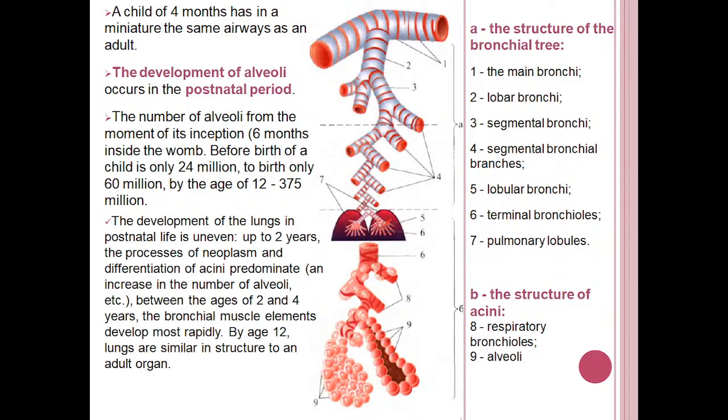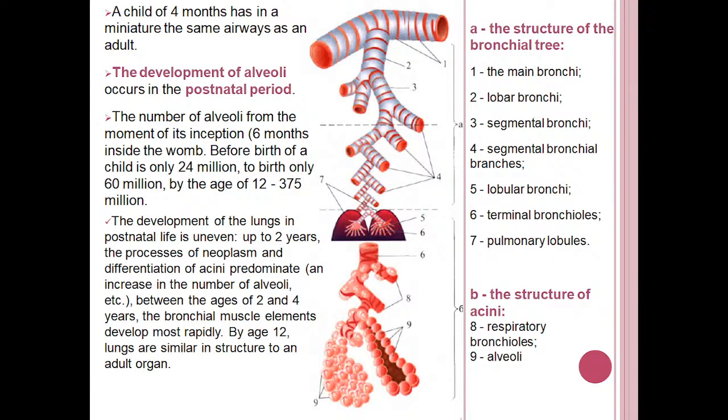And the development of alveoli occurs in the postnatal period. The number of alveoli from the moment of inception, 6 months inside the womb, is only 24 million, and at birth only 16 million. By the age of 20, he has 375 million.